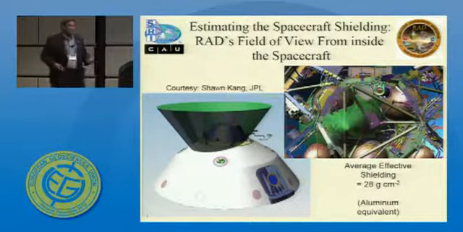So we're not looking at the cosmic rays purely. We're looking through all this shielding, which has an average of about 28 grams, but it's highly variable, which I'll talk about in a second.